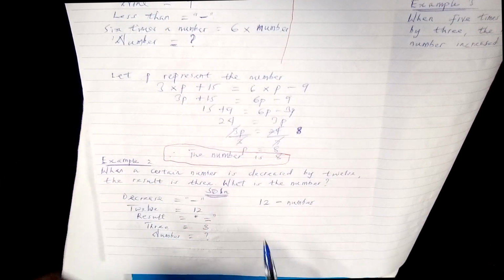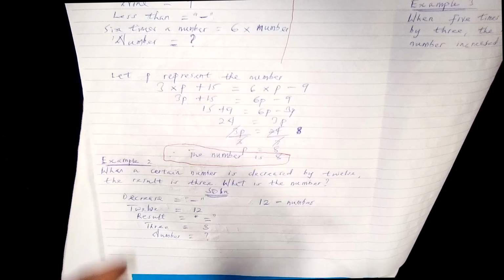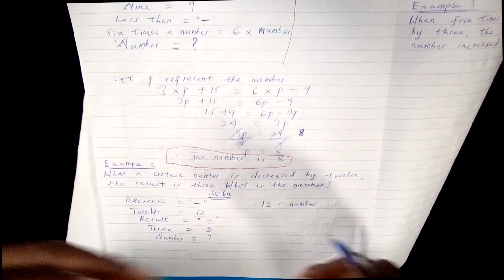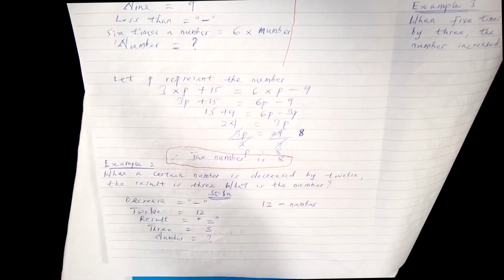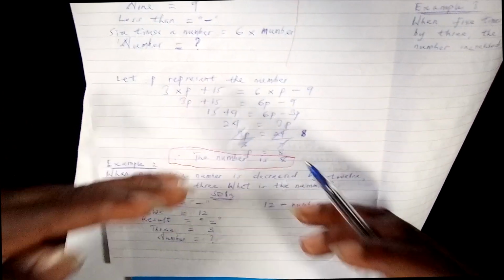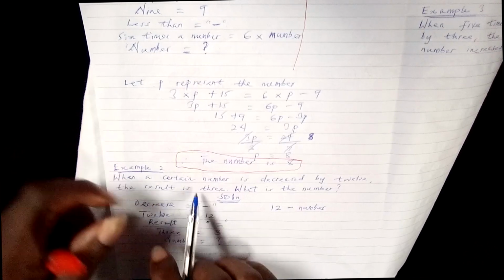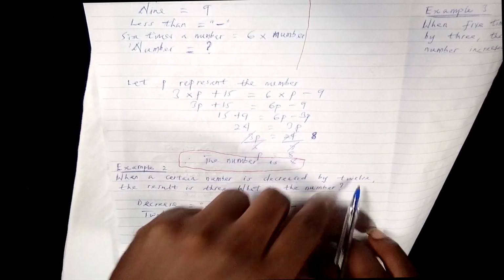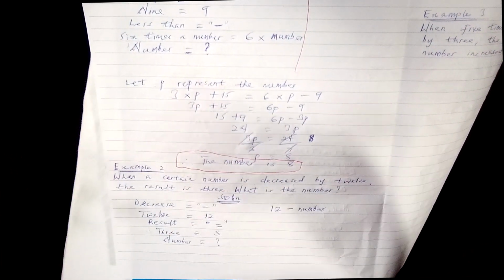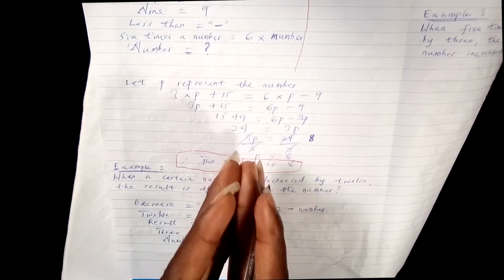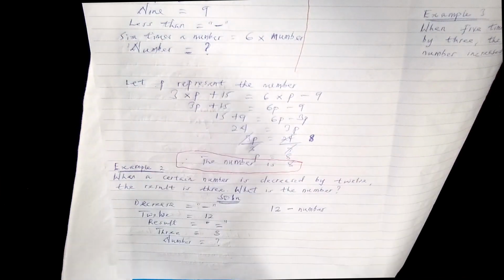If you go by word here, you will always be mistaking some of the phrases for other phrases. What I mean is that aside from writing what you know, when it is time for you to join them together, you have to always understand the sentence itself. When a certain number is decreased by 12, the 12 is already there. The 12 exists, and it was decreased by a certain number.